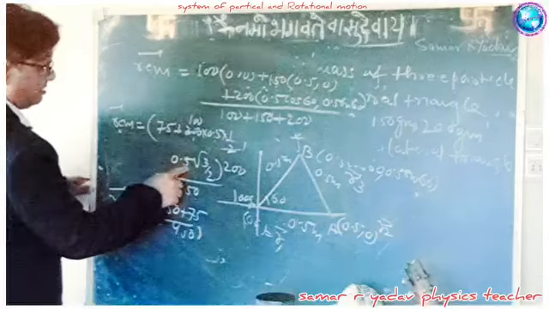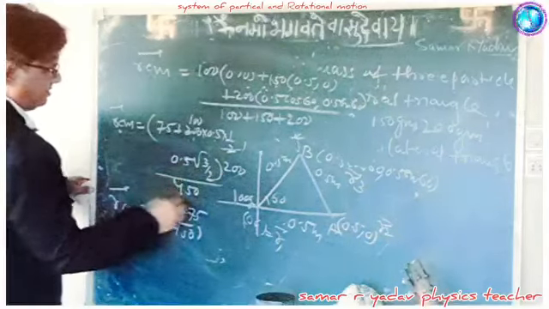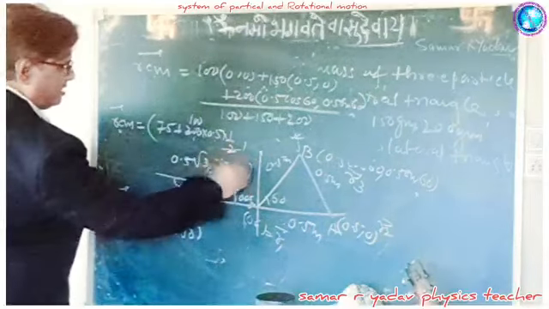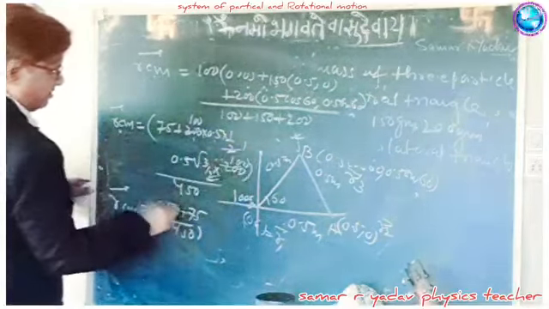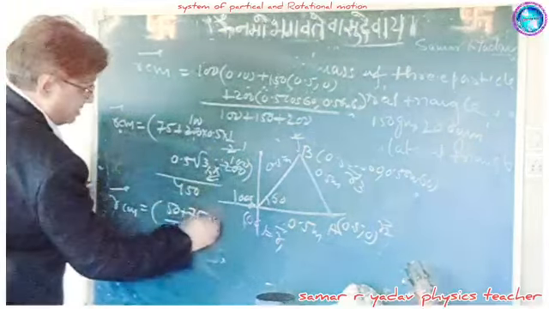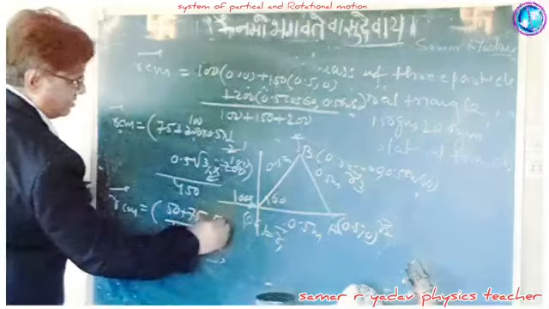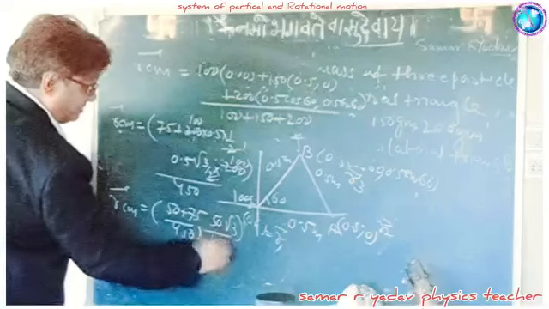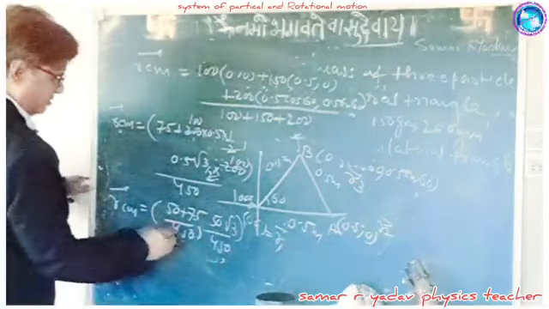200 will be multiplied here also. So finally, this 2 will be 100. Simplifying, we get 5 and 10, so we can write 50 root 3 upon 450. Now we have to solve this.